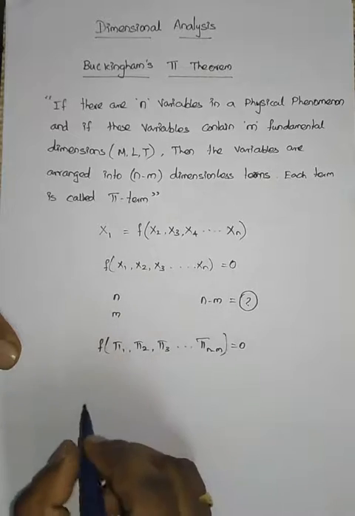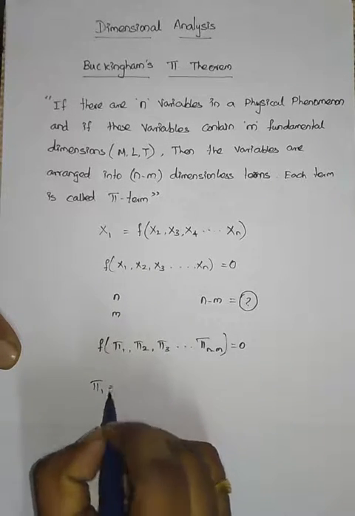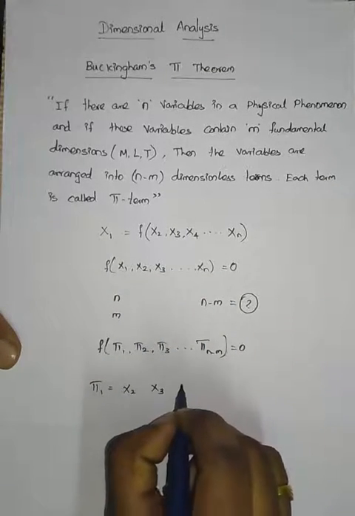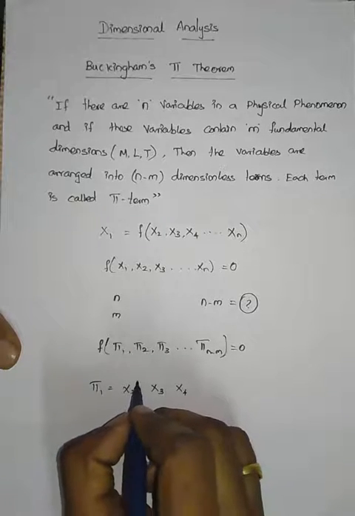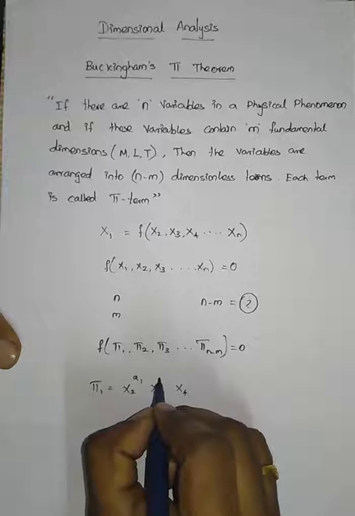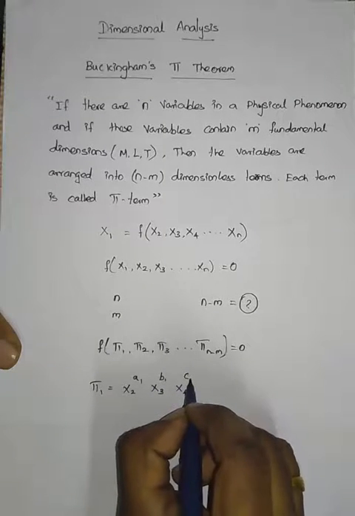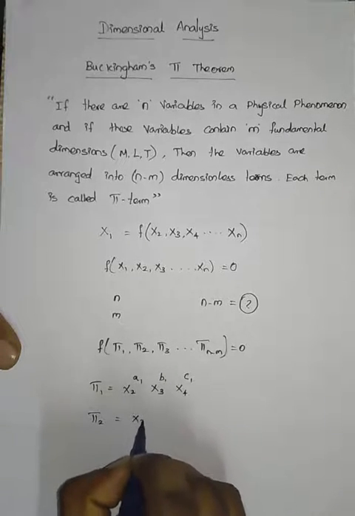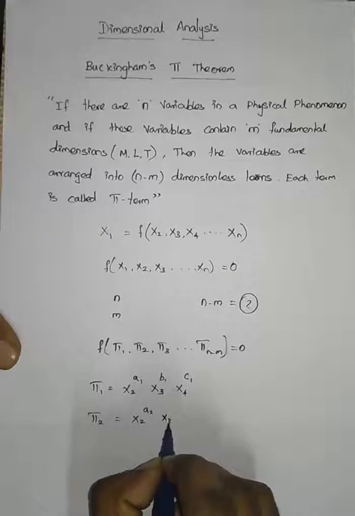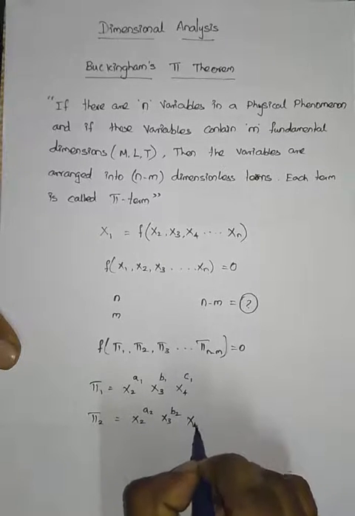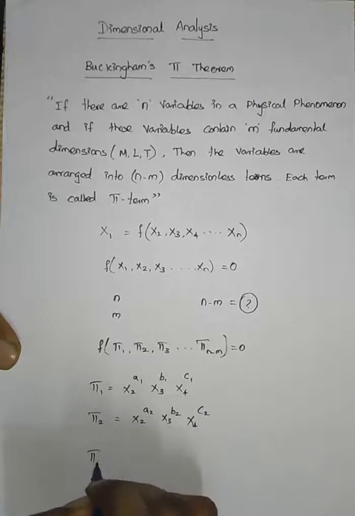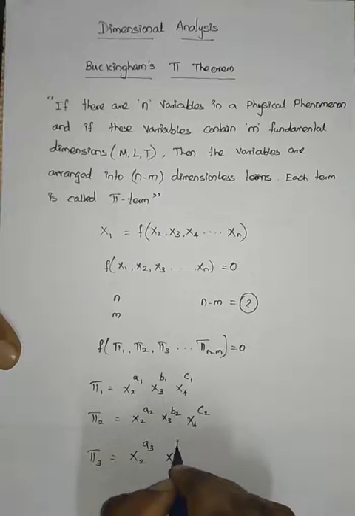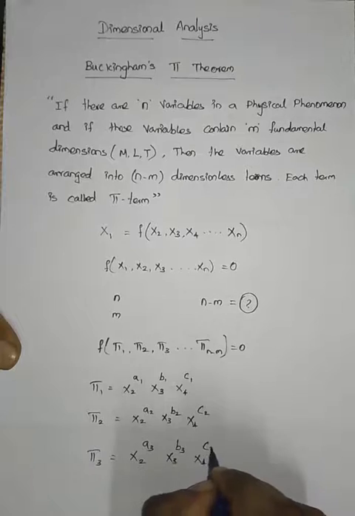Each pi term can be expressed as follows. Here I am taking x2, x3, x4 as repeating variables. So pi 1 equals x2 power a1, x3 power b1, x4 power c1. Similarly, pi 2 equals x2 power a2, x3 power b2, x4 power c2, and pi 3 equals x2 power a3, x3 power b3, x4 power c3.